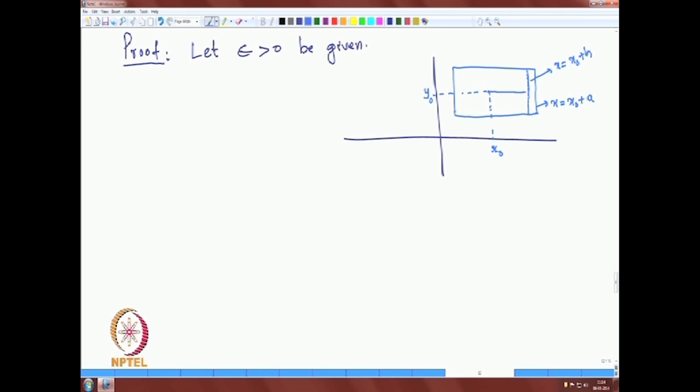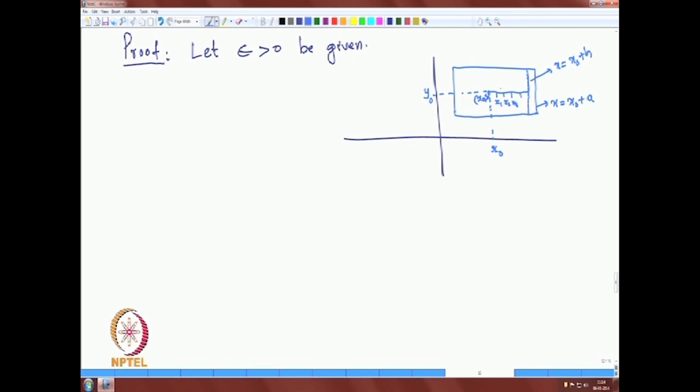We divide the interval x0 to x0 plus h into n parts. So, the first point is x0, y0, then x1, x2, x3, etc.